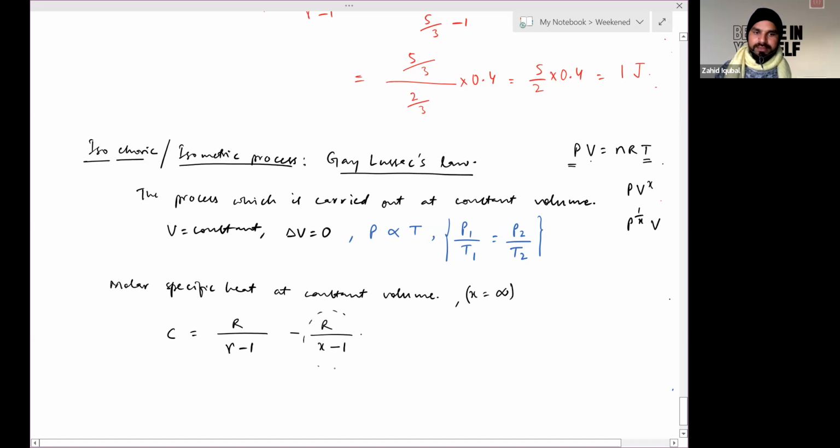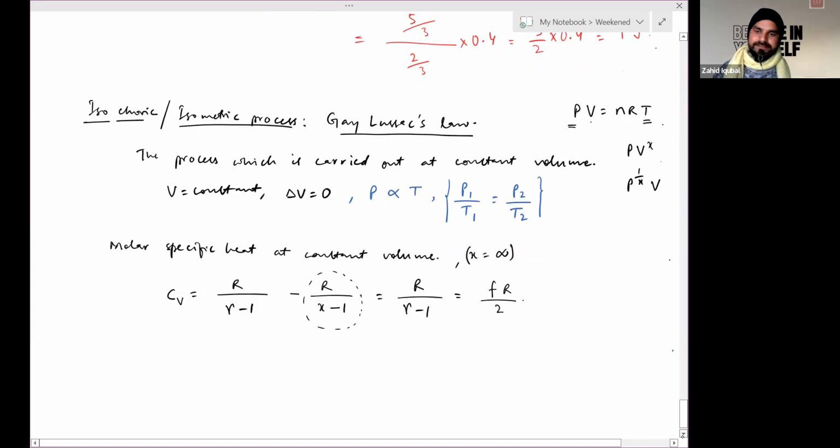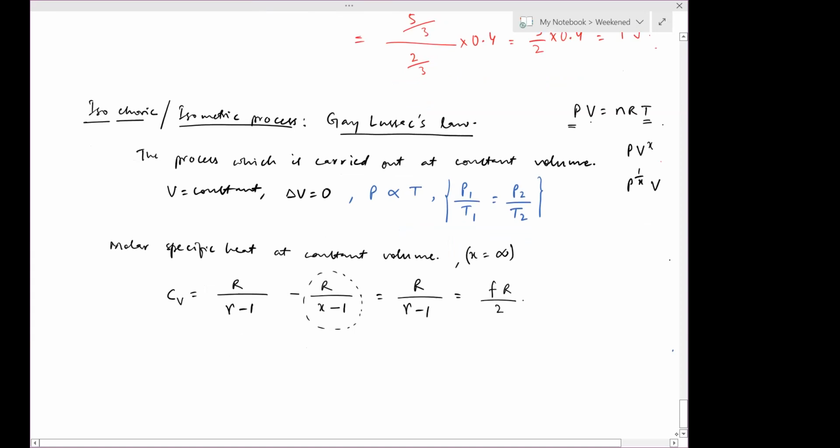So this entire term will become 0. So this will be termed as CV, equals R divided by gamma minus 1, or in terms of degree of freedom, it will be F multiplied by R divided by 2. Mehreen, is it clear? Yes, sir.